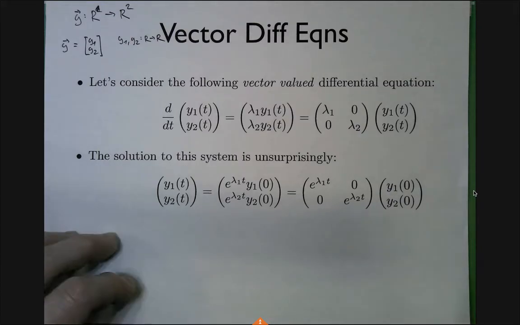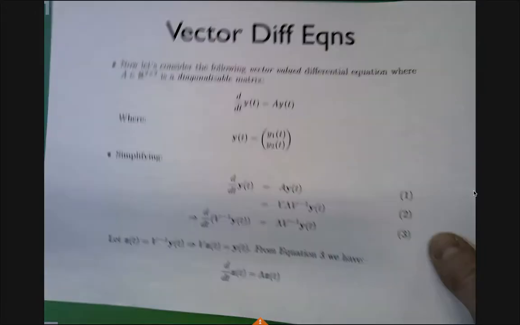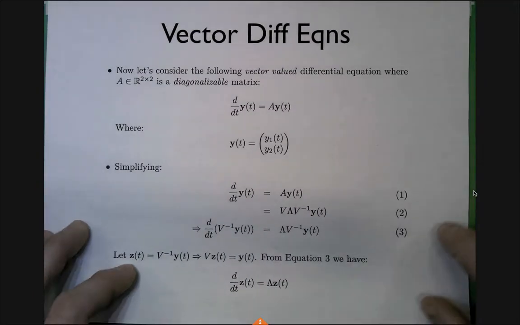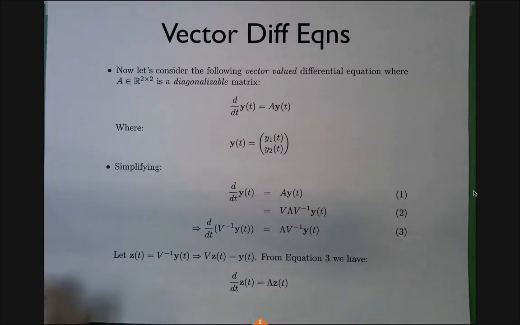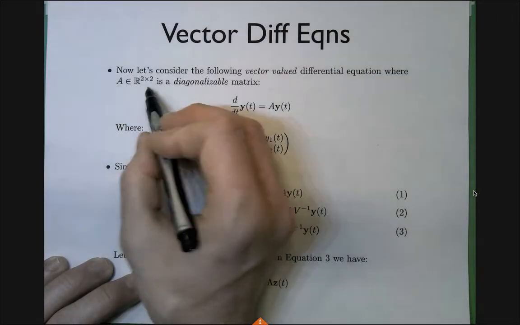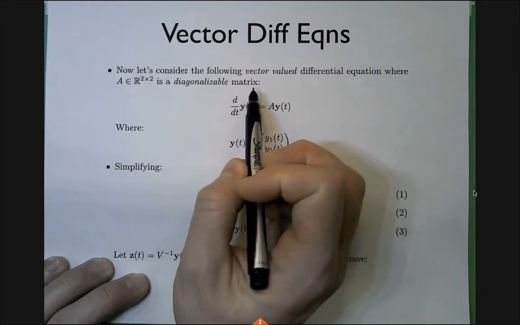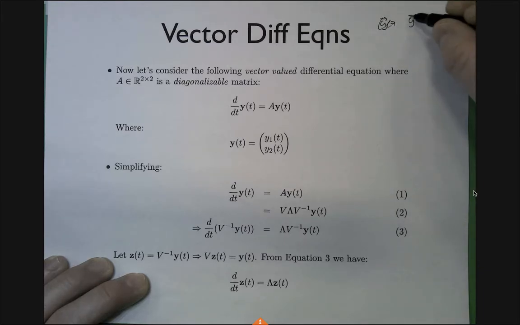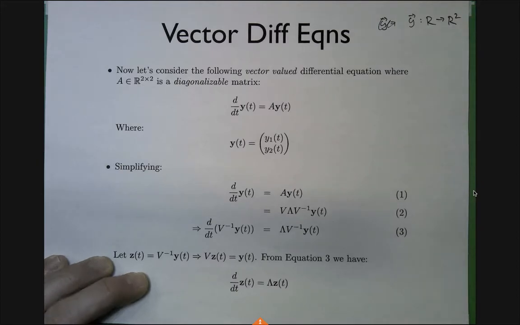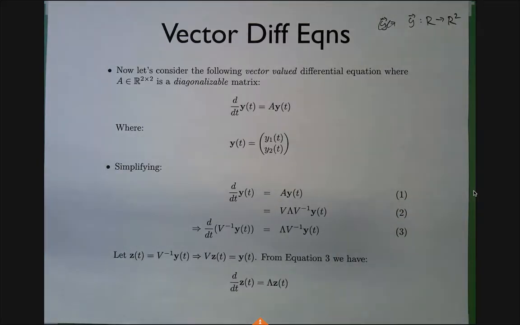And now the more interesting case is when we don't have a diagonal matrix there. So when I'm, again, looking for a function y, let's say that the matrix A is a 2 by 2 diagonalizable matrix, and y is a function like this, with two components, y1 and y2.